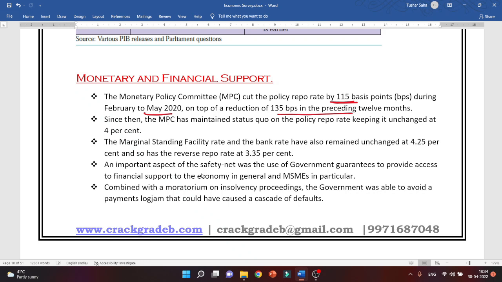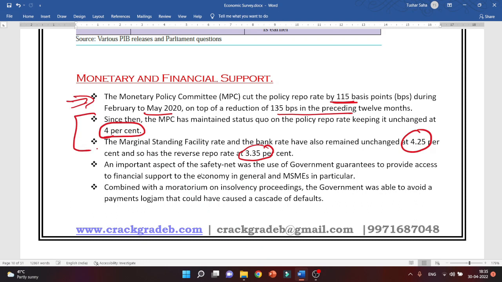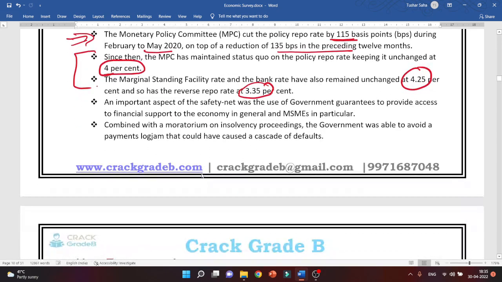Since then, MPC has maintained status quo on the policy repo rate unchanged at 4%. Okay, then the MSF at 4.25% and the reverse repo rate 3.35%. Now this line is important. The rest of these two lines, please read from the latest monetary policy that was done this month, right?